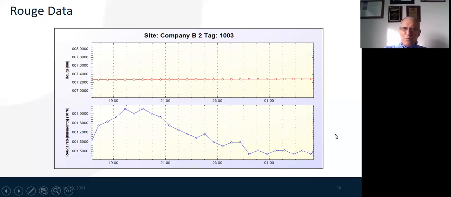If we look at this data on a more concerted basis, you'll see that the heat exchanger comes on at 7 o'clock at night. There's an increase until 8 o'clock, to 9 o'clock, where it's run at 80 degrees Celsius. From the 50 degrees Celsius it's then cooled down and the rouge rate goes down over time. However, if you look at the red line, you'll see that there's virtually no increase whatsoever.